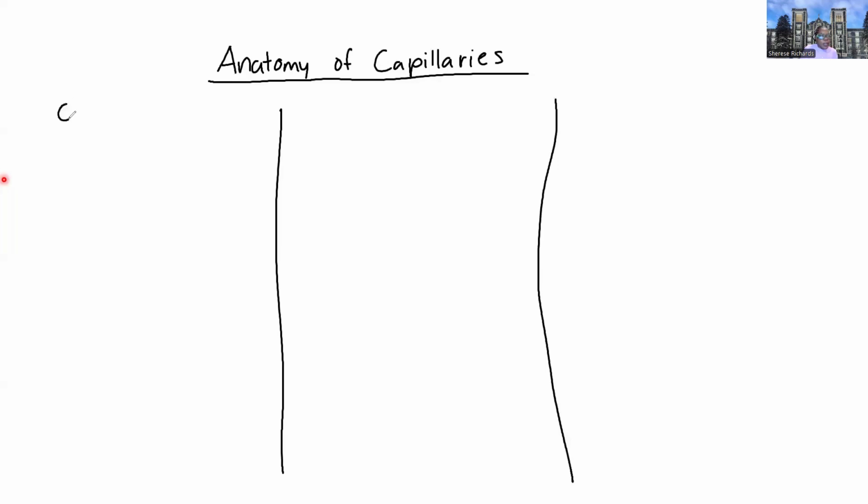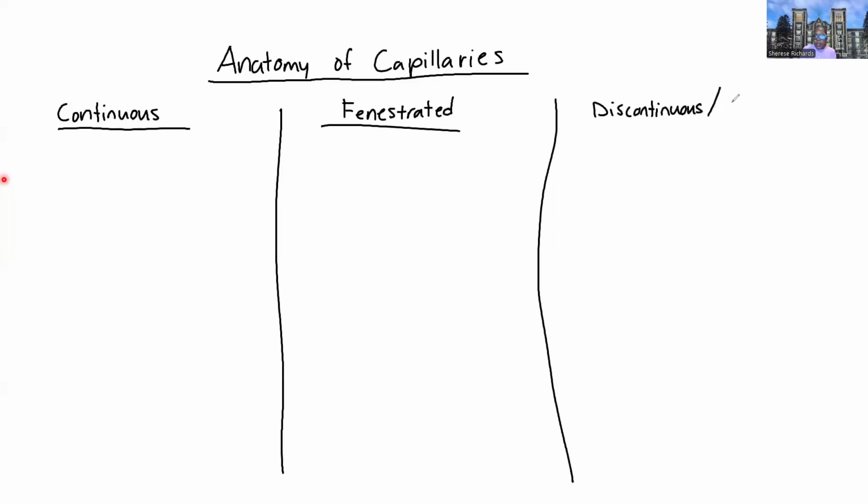So we have continuous, fenestrated, and then discontinuous, also called sinusoids.